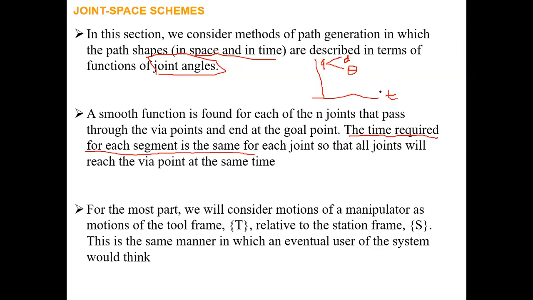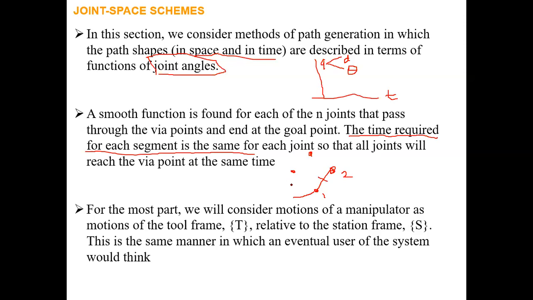Okay, suppose this is segment number 1, this is segment number 2, but you have a robot, so I would say joint rather. So this is joint 1, this is joint 2. This is the final point for joint 1, this is the final point for joint 2. We are moving our robot from this location to that location, right?